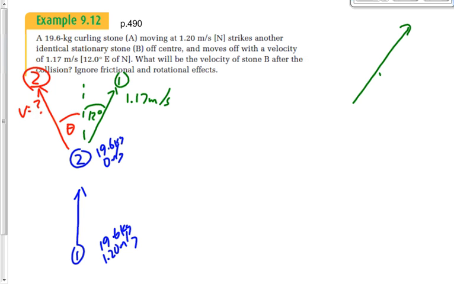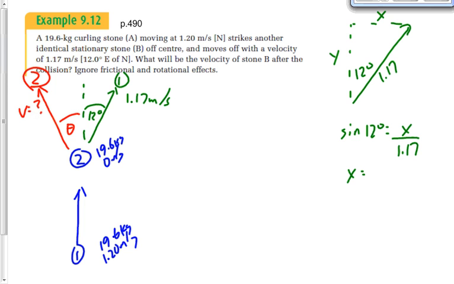We got 1.17. We have 12 degrees. We've got an x up here and a y down here. We're going to say sine 12 degrees is equal to x over 1.17. That gives us 0.2433 meters per second. Notice this time I use sine for x.